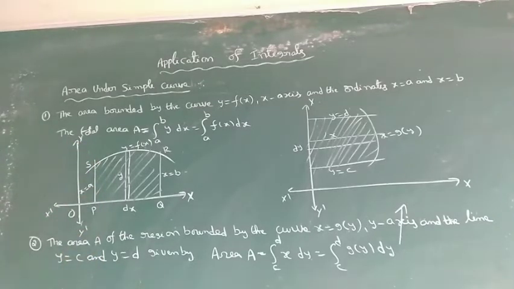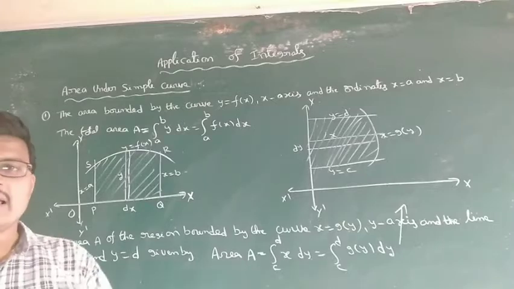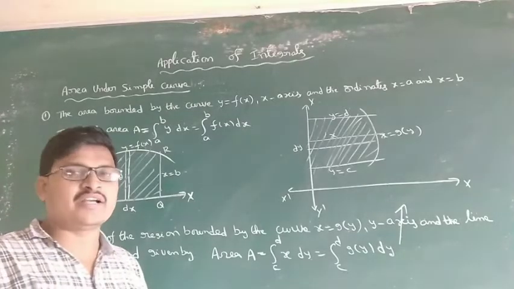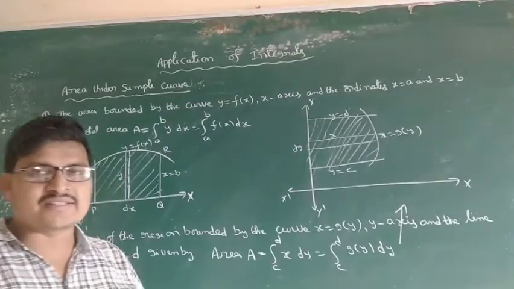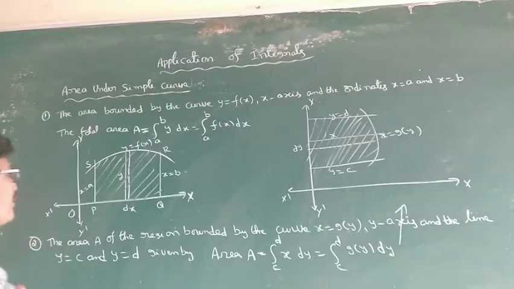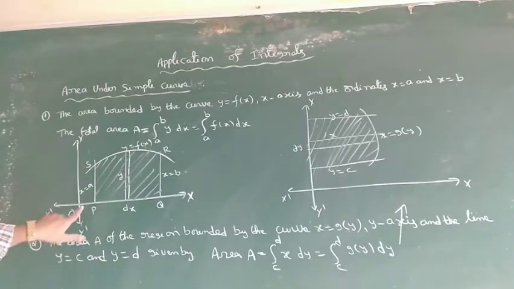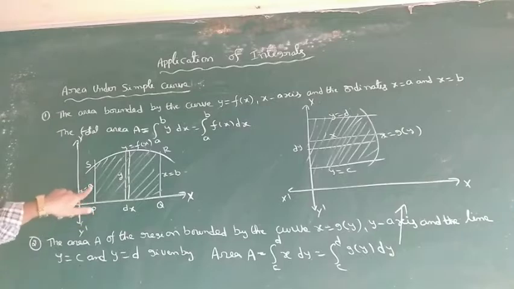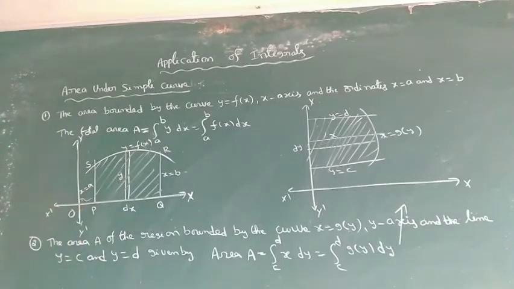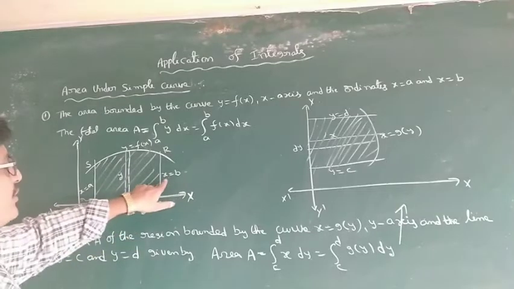The equation of a line parallel to the y-axis is x is equal to x1. The equation of a straight line parallel to the x-axis is y is equal to y1. So this is at distance a, x is equal to a. Next one, x is equal to b.